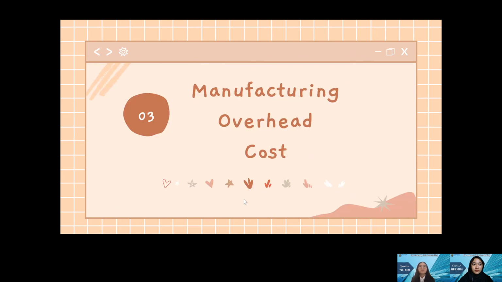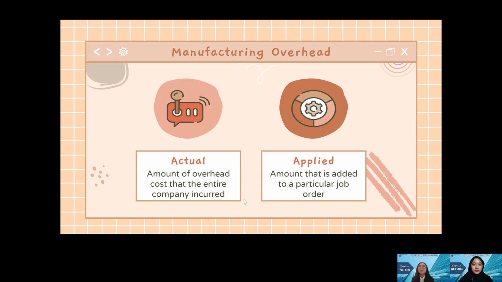Next slide please. Okay, manufacturing overhead costs are slightly more complicated compared to the material costs and labor costs. In manufacturing overhead costs, we have two types: actual manufacturing overhead and applied manufacturing overhead. Actual overhead is the amount of overhead costs that the entire company might incur.